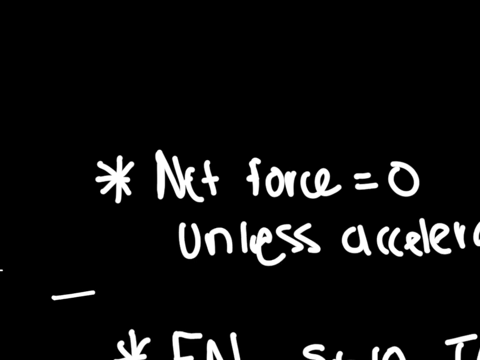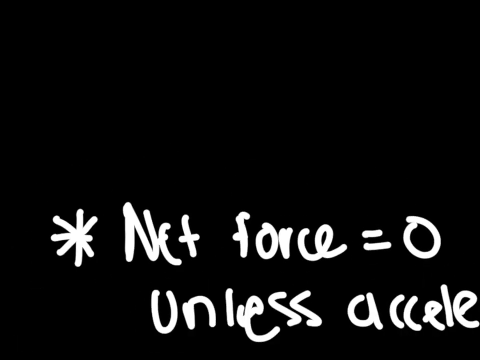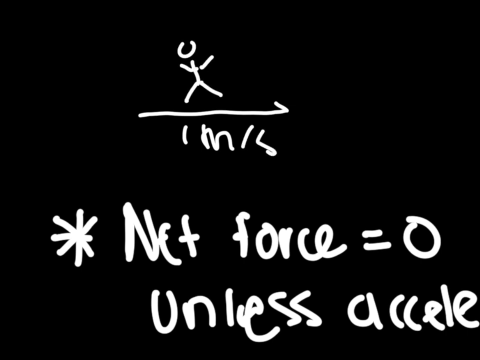So, just a brief example. Let's say I'm going 1 meter per second at a constant rate, and there's a force going against me, canceling my whole force, my net force, to zero.